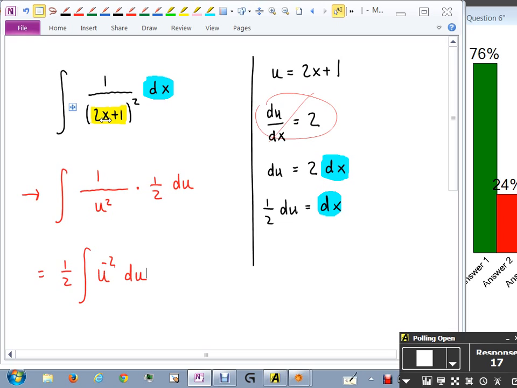Because 2x plus 1 is more complicated than just x, or in this case, than just u. U by itself, 1 over u squared is just u to the negative 2. 1 over 2x plus 1 squared is a lot more complicated when you expand that all out. Hope that makes sense. Questions?